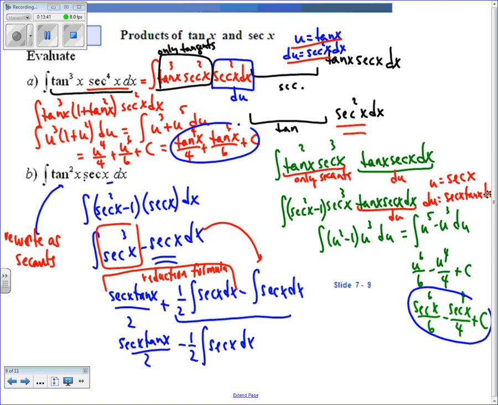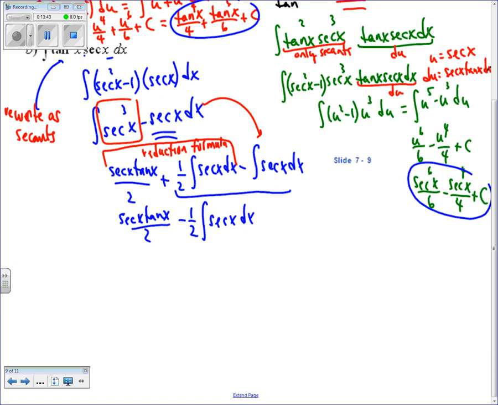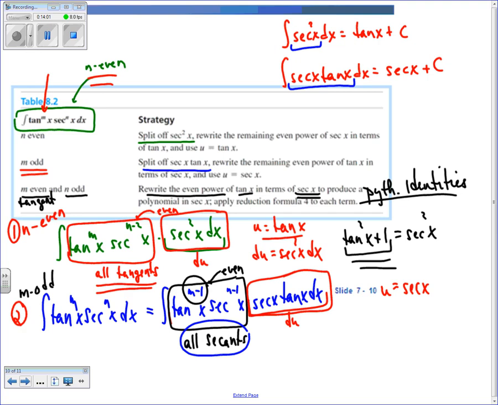And then this integral here would just be, we have secant x tangent x over 2 minus 1/2, and we know the integral of secant is the natural log of secant plus tangent, and plus my c. Okay, so these were your formulas, your rules on how to handle when you have even or odd powers.